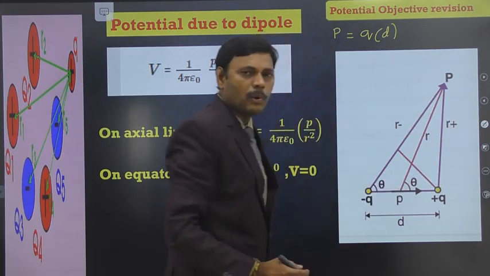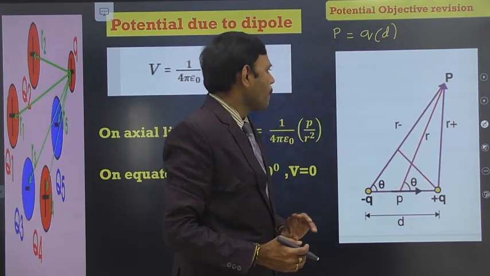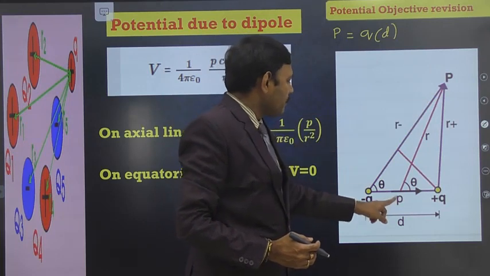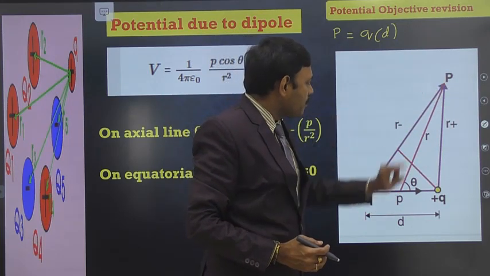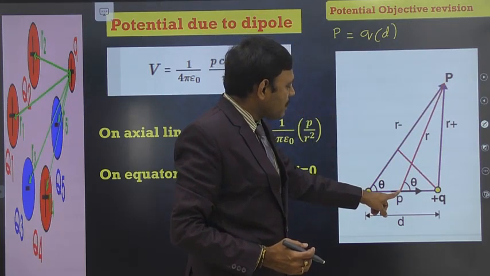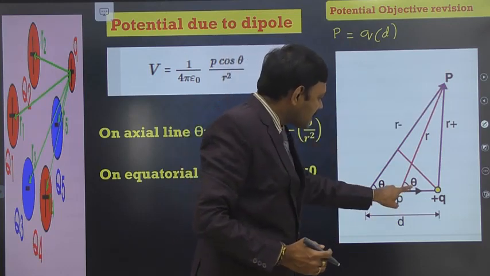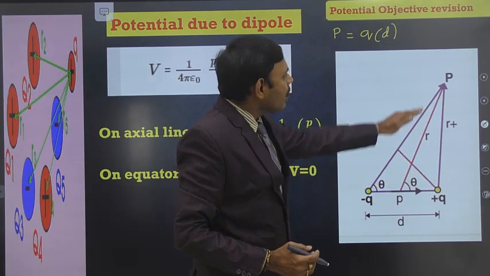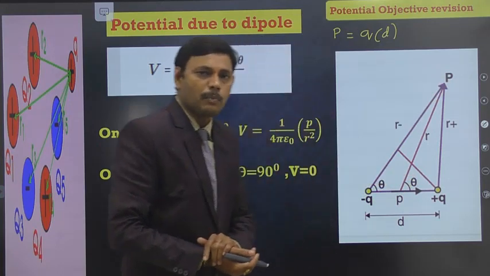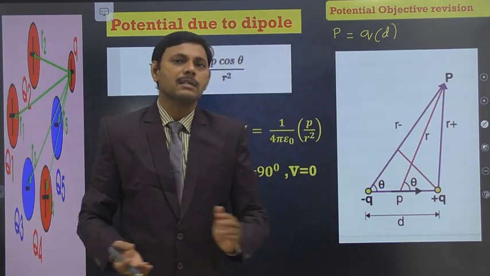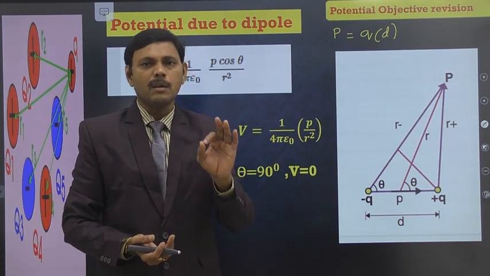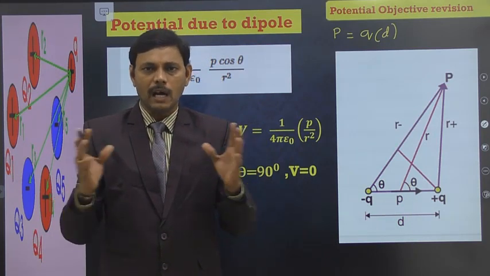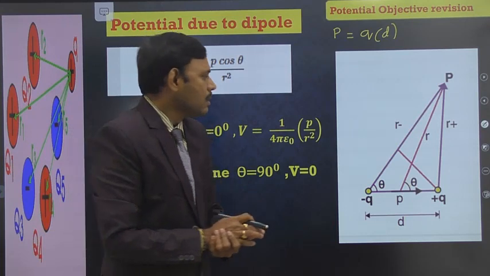From the midpoint, draw a line to the point P. The line drawn from the midpoint of the dipole to the point P makes angle theta here. So what is the potential at point P due to the dipole? As we discussed, potential at any point due to a group of charges is the algebraic sum of potentials.